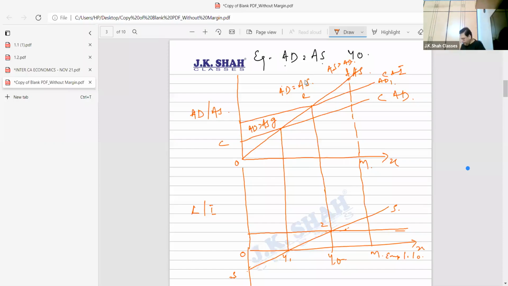Aggregate supply represents the total value of goods and services produced.